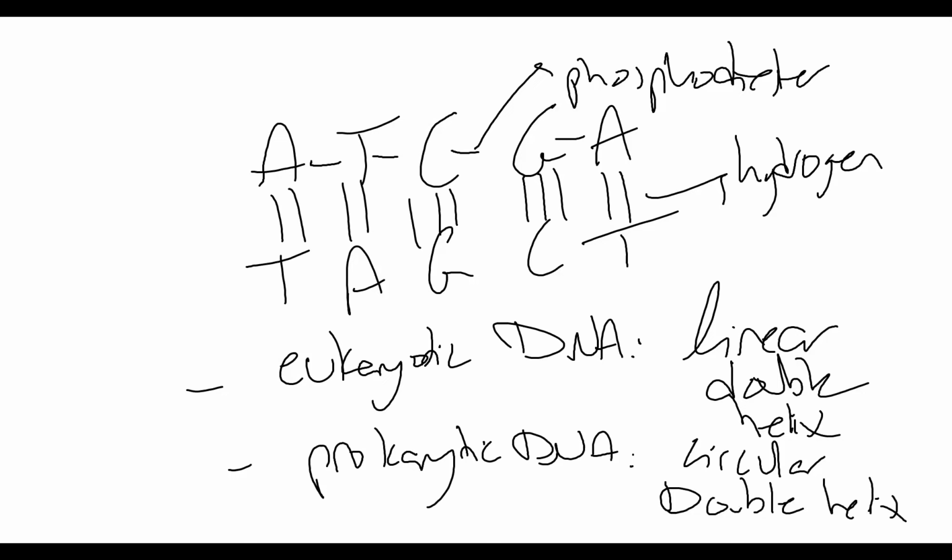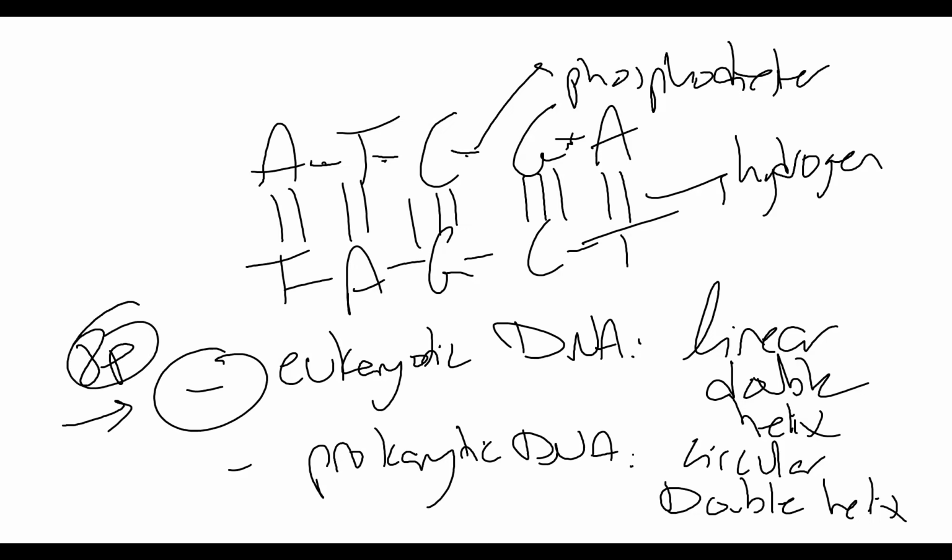So the moment we see circular, now it is linear. How many phosphodiester bonds do we have in eukaryotic? Now we're focusing on this. 1, 2, 3, 4, 5, 6, 7, 8. This is the phosphodiester. So here we have 8 phosphodiester bonds.